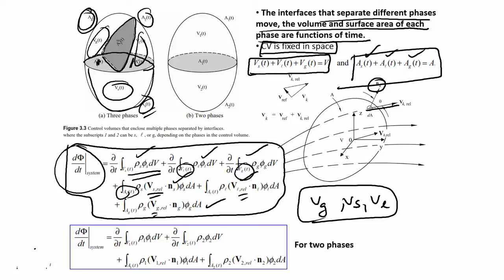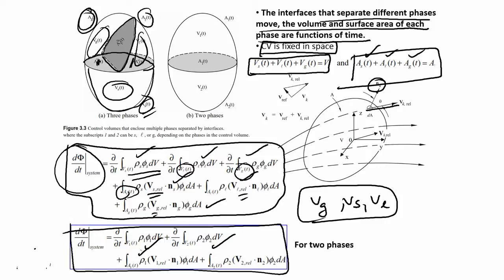So, if we write the combined equation which is given over here, you can say for two phases there are basically 4 components. These two are for phase 1, these two are for phase 2.